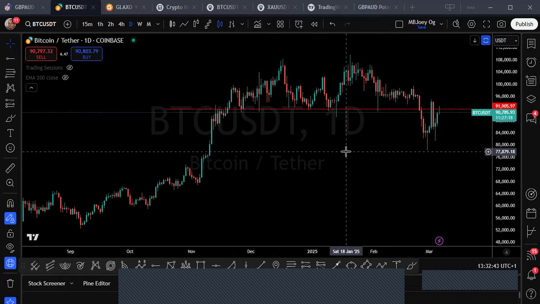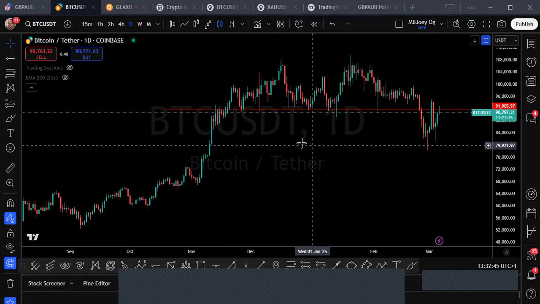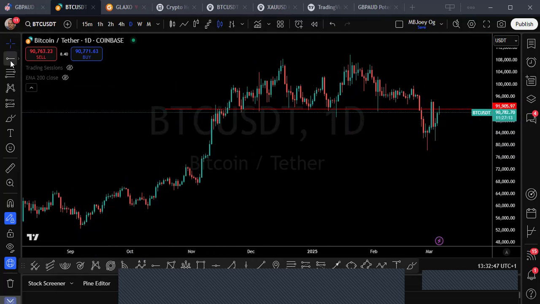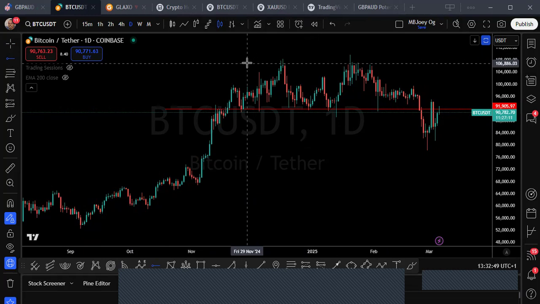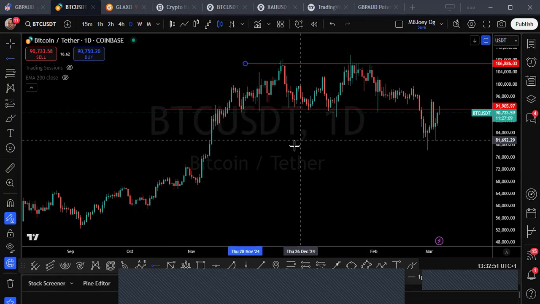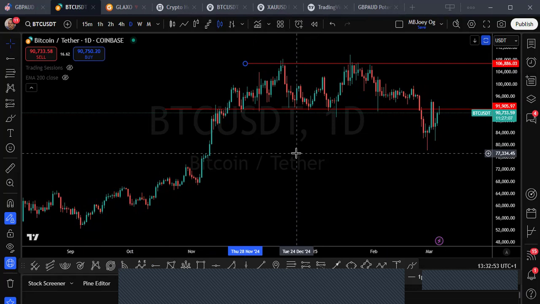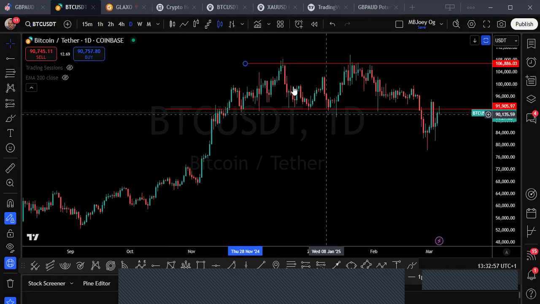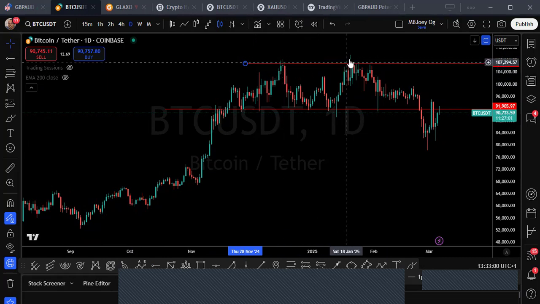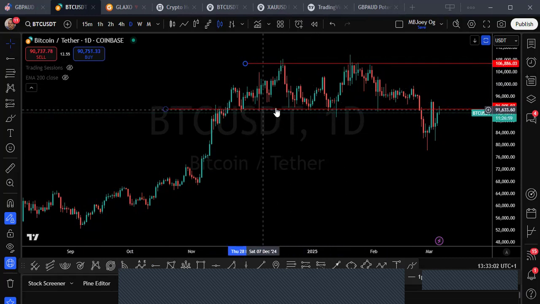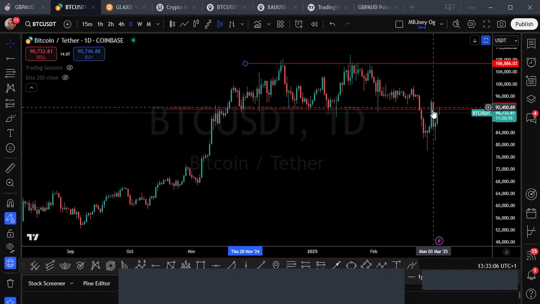Can you see that now? Same thing if I want to connect the upper side as the resistance, I have this. Is it making some sense? Yes. So you have your resistance, you have support, support, support, support, support, support, and perhaps maybe a resistance here, just maybe.